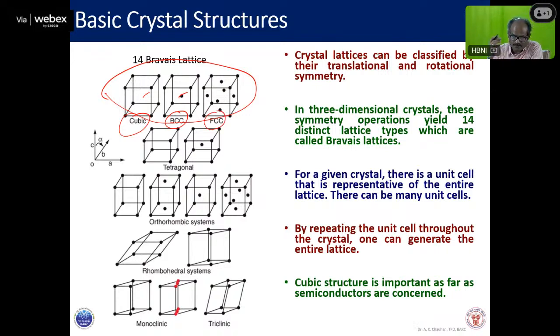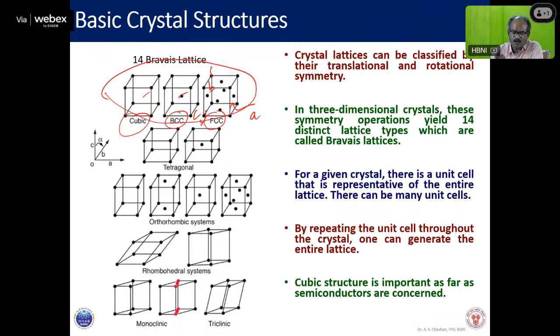And what are the different parameters for any lattice which need to be known in order to describe that lattice? These are the 3 axes, that is a, b, and c, and then alpha, beta, and gamma, which are the angles between the axes.